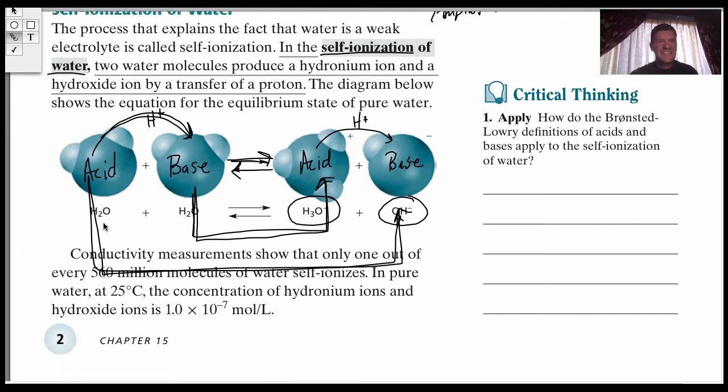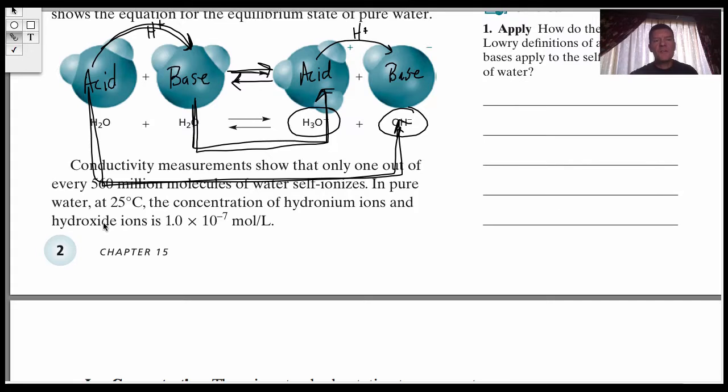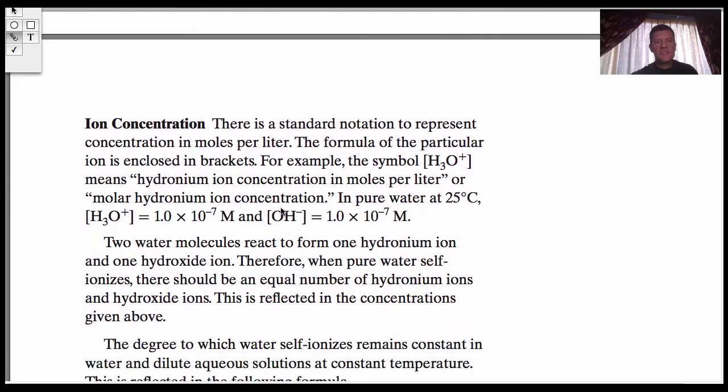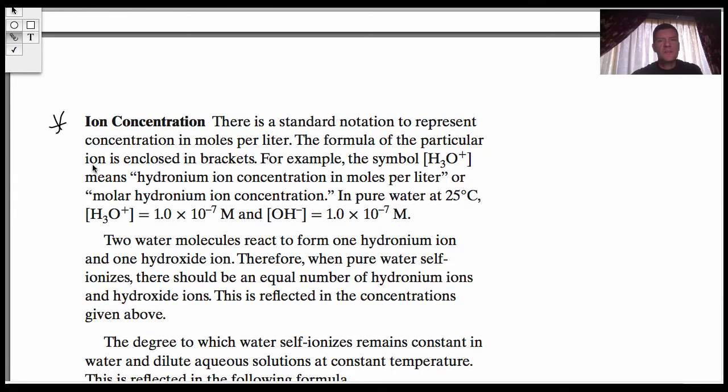Now, to what extent does that happen? A very, very, very small extent, but it still happens, and it's still significant. Okay? So you need to write down here that ion concentration right here is an important concept. In pure water at 25 degrees Celsius, what is the concentration of hydronium and hydroxide?